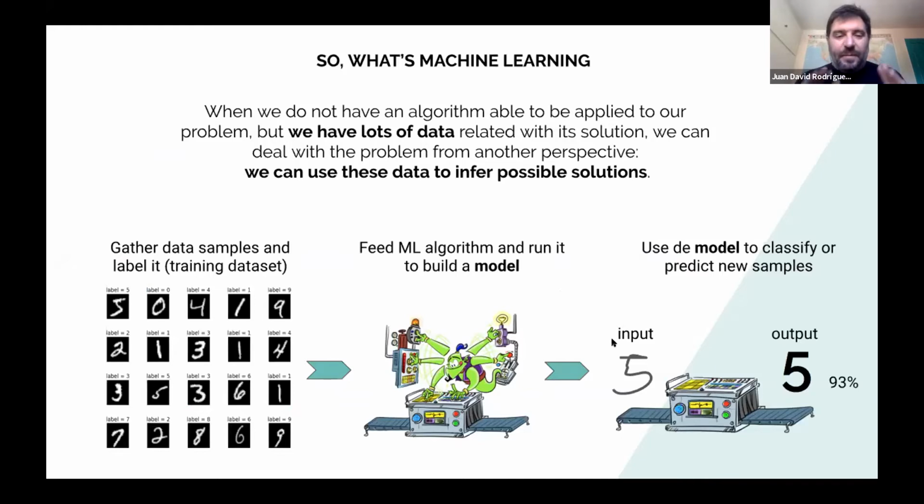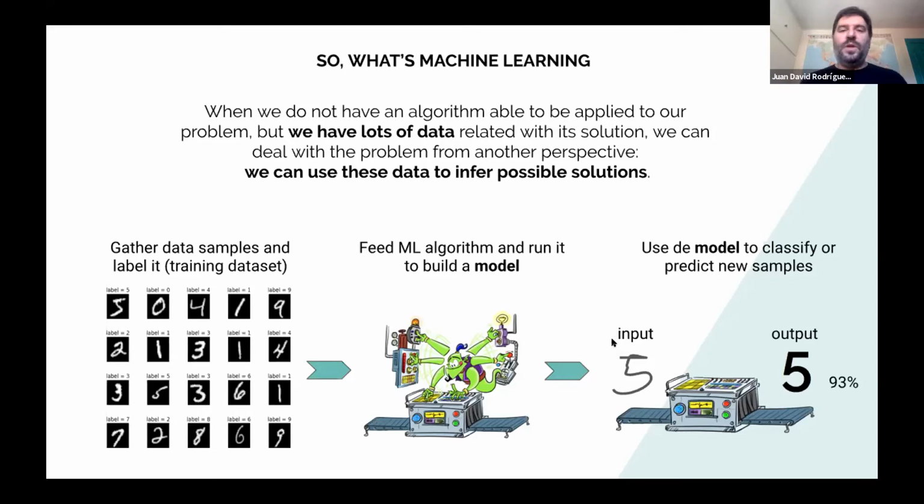Then, and this is the main idea, the key of machine learning, when we don't have an algorithm able to be applied to our problem, but we have lots of data related with its solution, we can deal with the problem from another perspective. We can use this data to infer possible solutions, and this is the essence of machine learning.